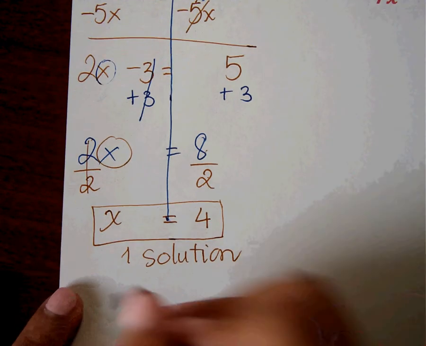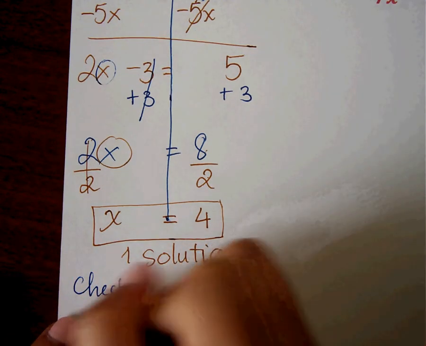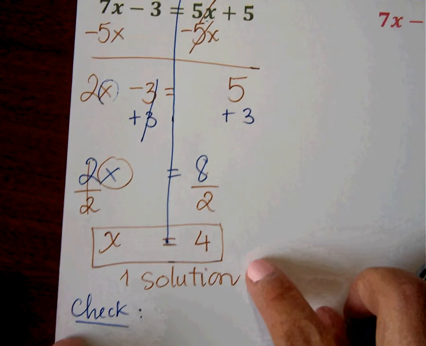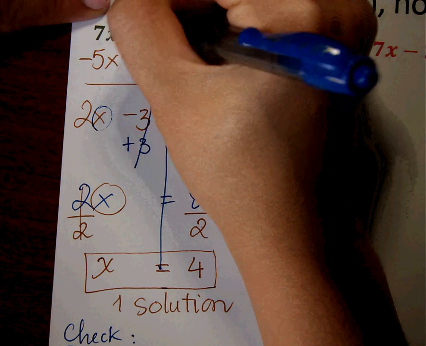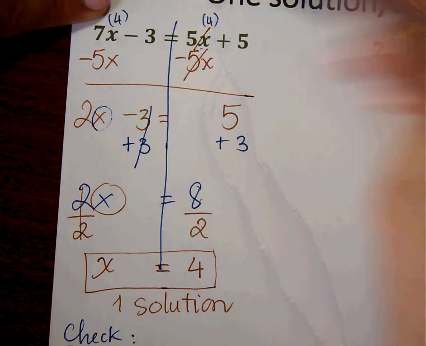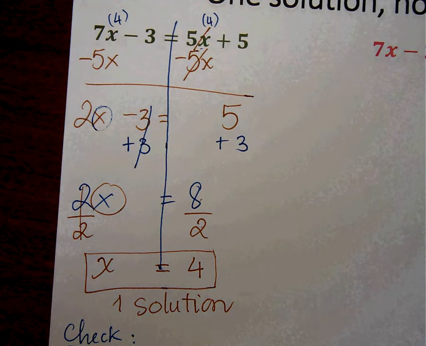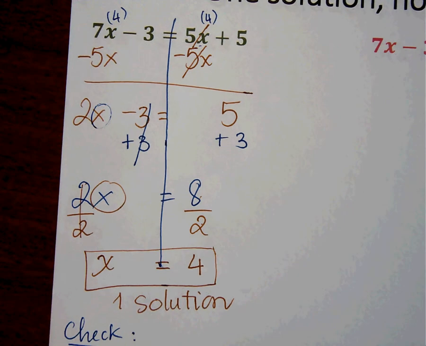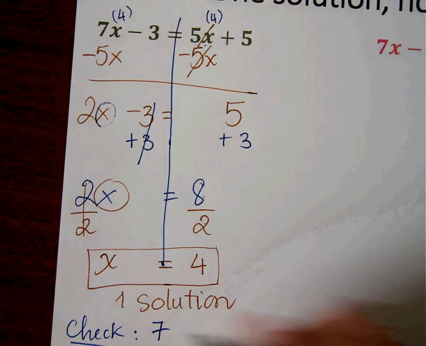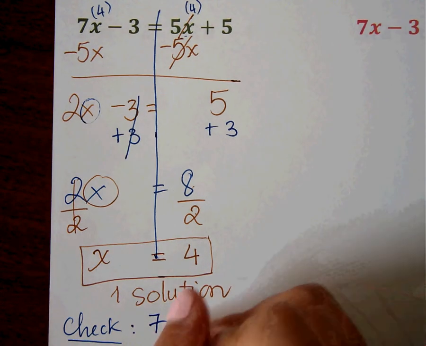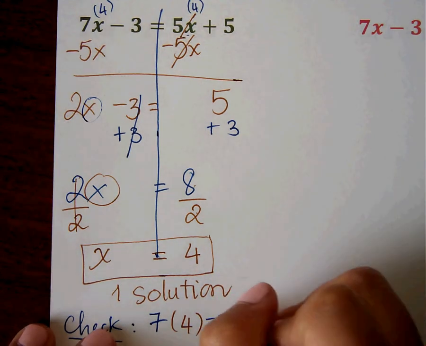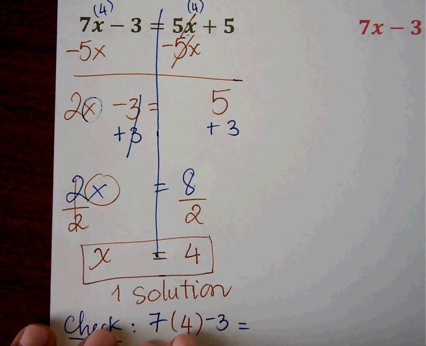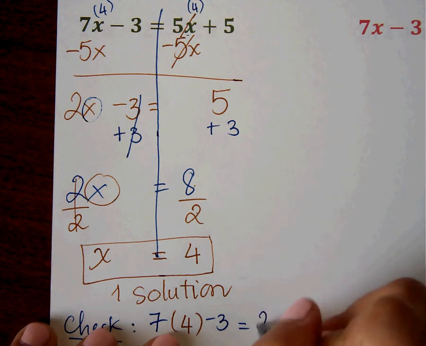So how do we check? We check back by plugging 4 in every time that you see the x right here. You're going to put 4, okay, and see if the statement is true. So let's see, 7 times 4. I'm checking the left side, okay, minus 3 equals 7 times 4 is 28, minus 3 is 25.